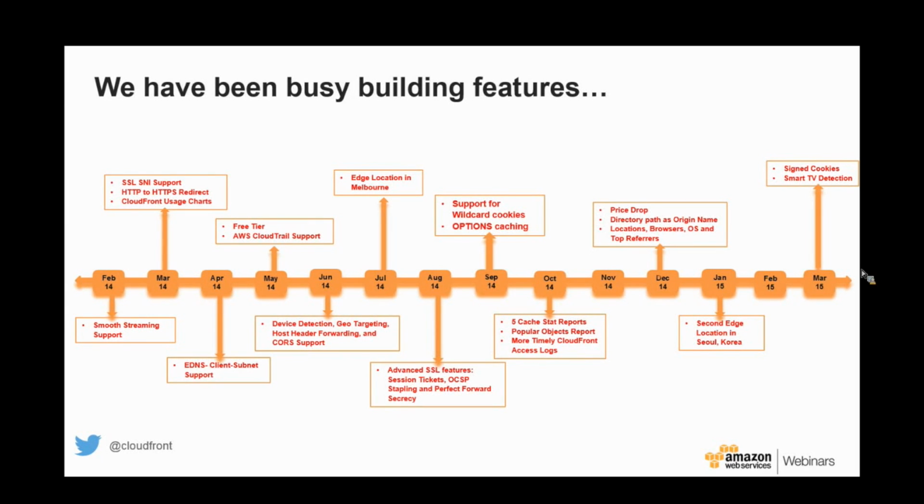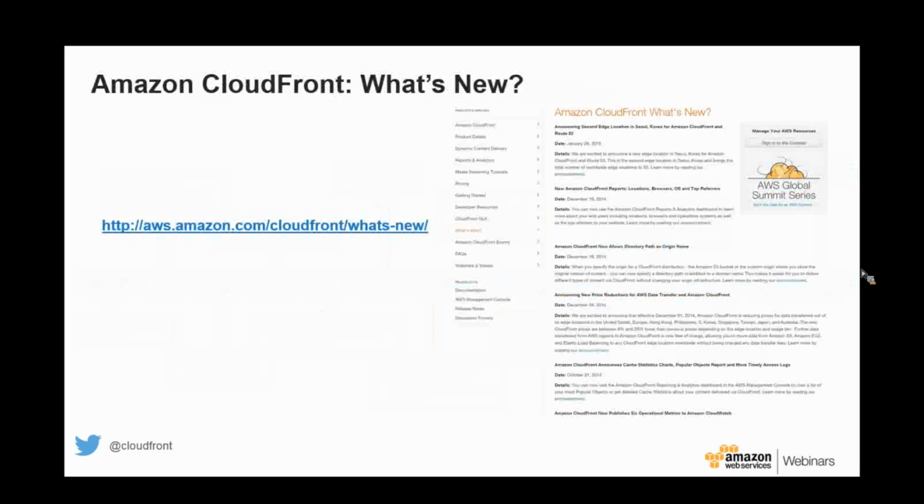And we expect this trend to continue, where we keep hearing feedback from our customers, understand the highest priority features that we need to build, and then iterate and deliver those quickly. I won't go through every single feature detail that we've launched here. That is something you can find on the AWS website. There's a What's New page, which talks about all of the CloudFront feature launches and provides you relevant links to documentation.